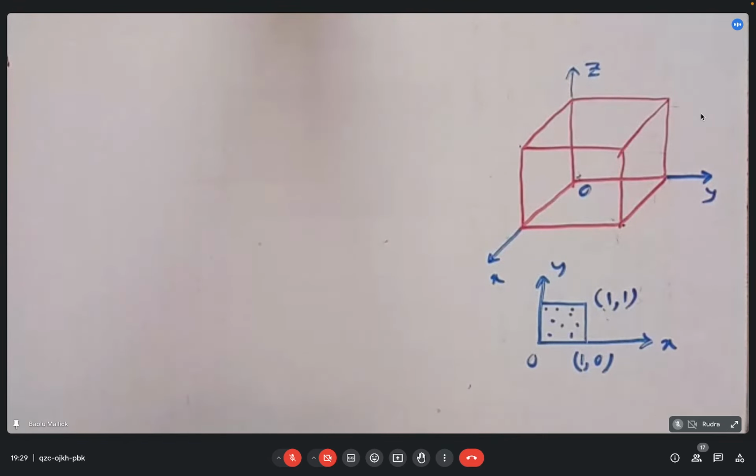Write this: the volume of the unit cube drawn in the figure is, what is the volume? We shall integrate 1.